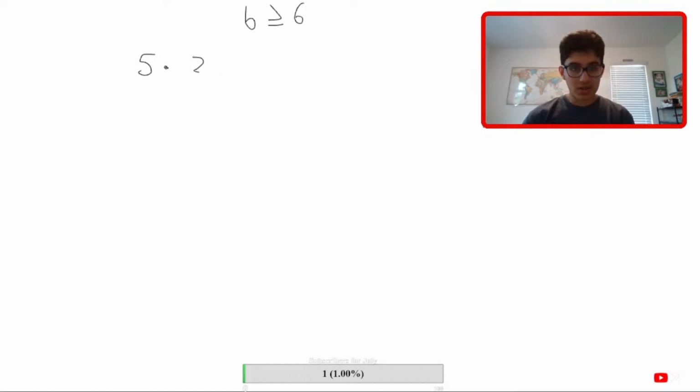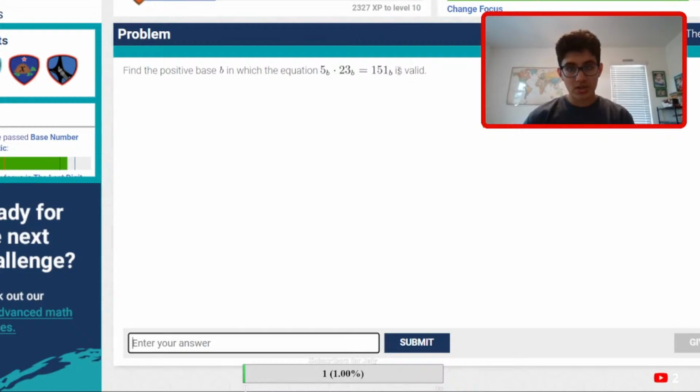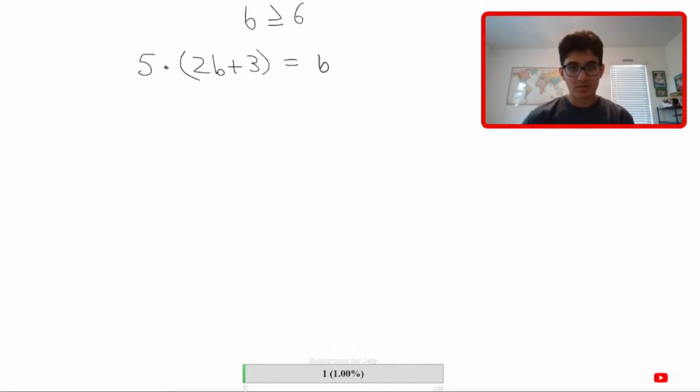Times 23. So this is 2B plus 3 is equal to B squared plus 5B plus 1. Okay, let's do this. So 10B plus 15 is equal to B squared plus 5B plus 1.